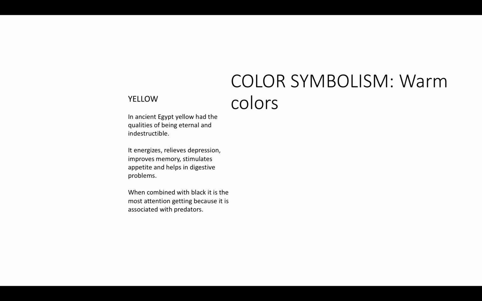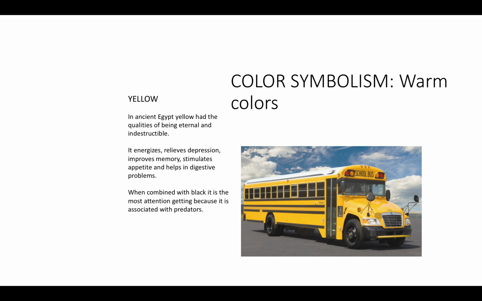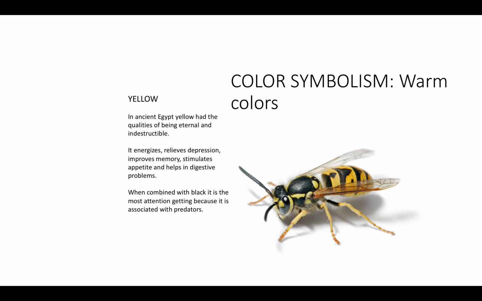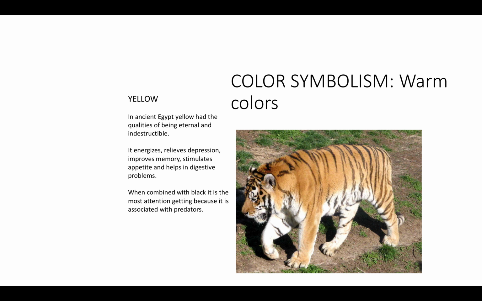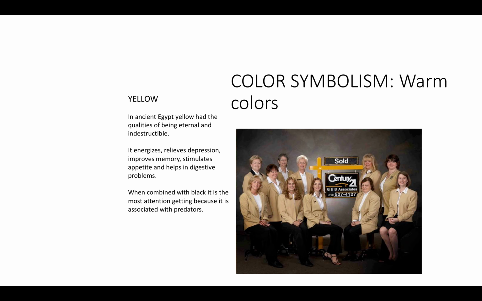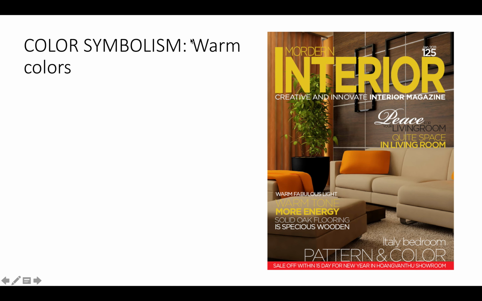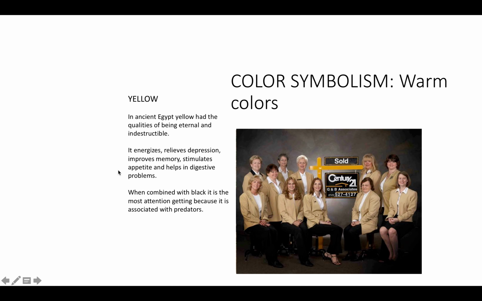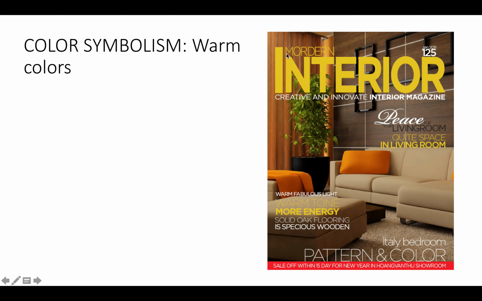It's a very strong color. It's a very energizing color. And combined with black, it gets a whole lot of attention, mostly because in nature we usually see predators that have these colors in them, like a yellow jacket or a wasp or a tiger. In a housing crisis, some may perceive a realtor as somewhat of a predator.